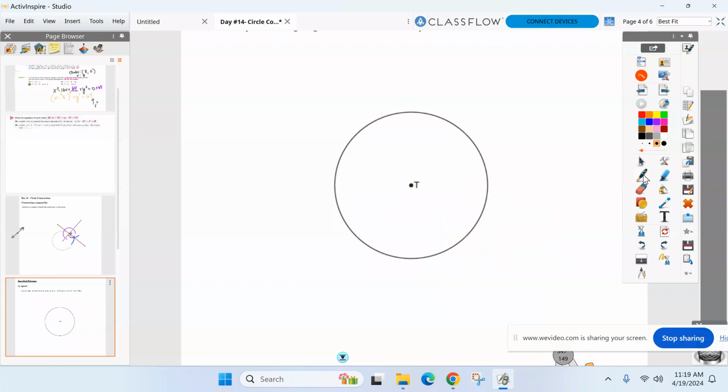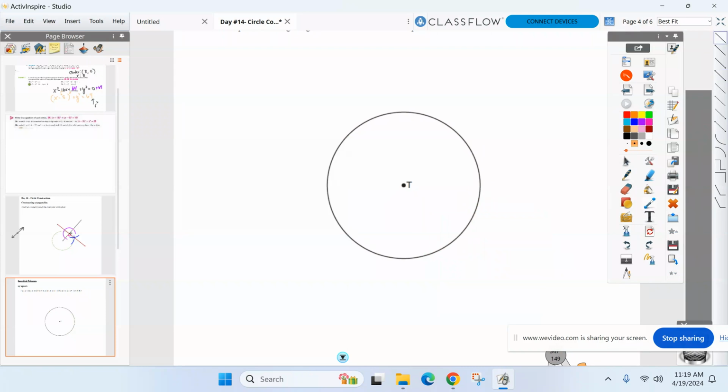Pick up a straight edge and draw a diameter. Don't say any more. Everyone agree? Draw a diameter. You'll have two congruent arcs. There you go. There's two.